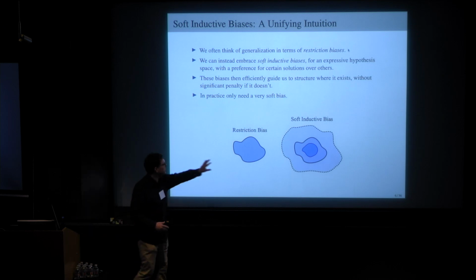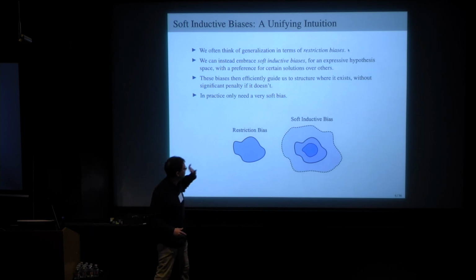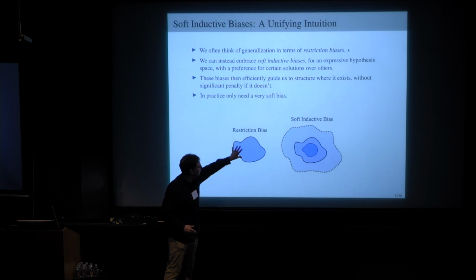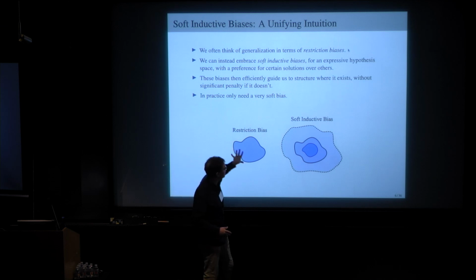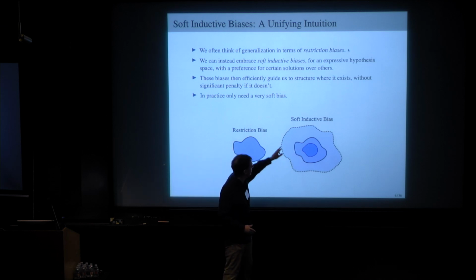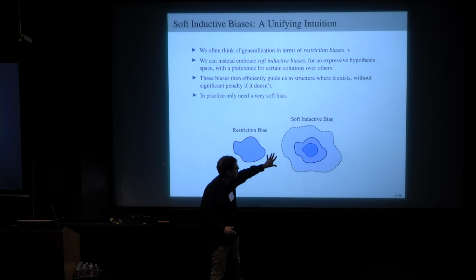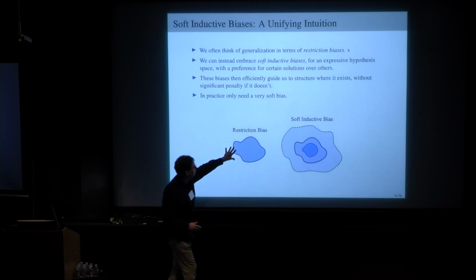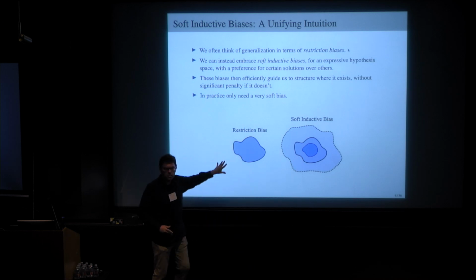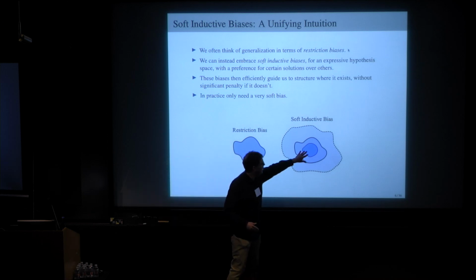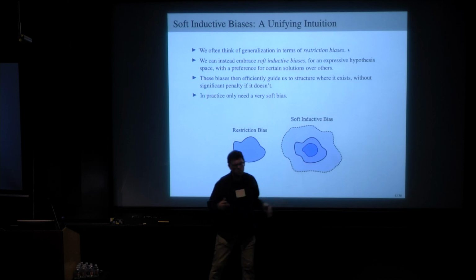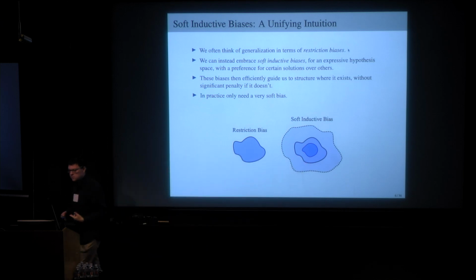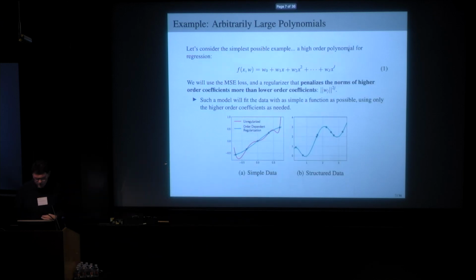So in this conceptualization, we have restriction biases where we're not supporting very many different types of solutions, and then we're relaxing them into softer inductive biases where we expand the size of the hypothesis space, and the different colors represent our preferences for different types of solutions. In the picture on the left, we basically have a uniform bias. In the picture on the right, we have these softer biases, but in darker blue, we have stronger preferences for those types of solutions.